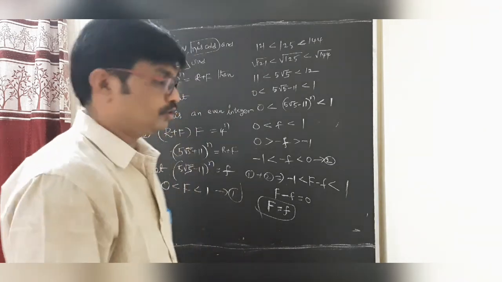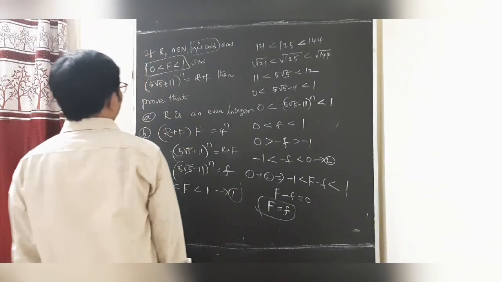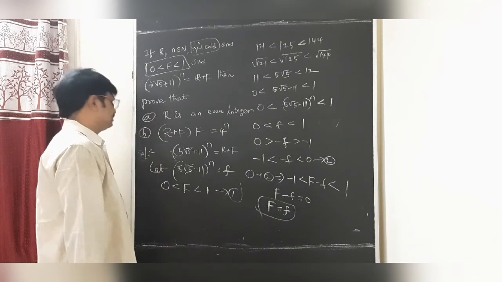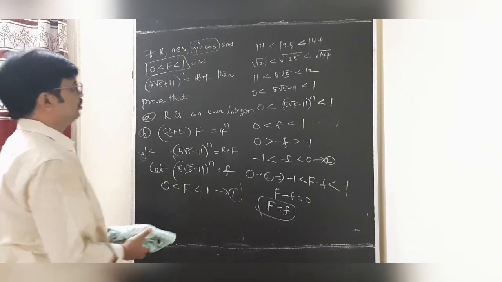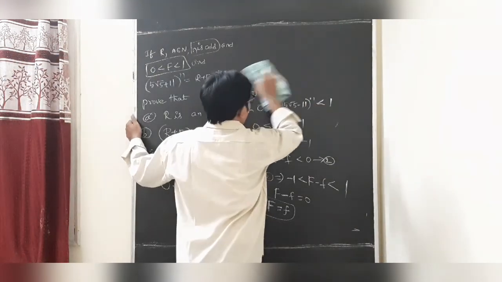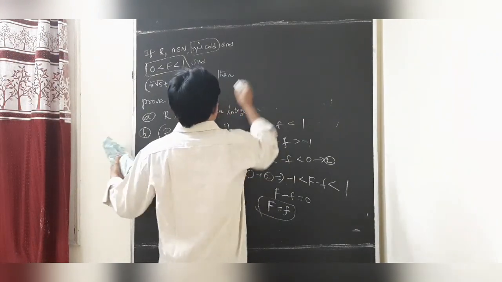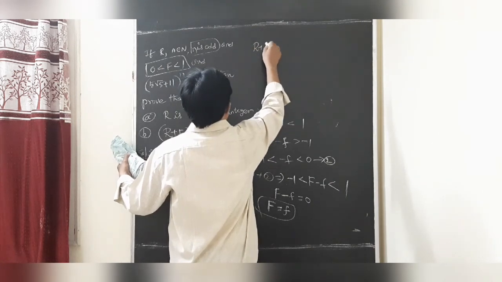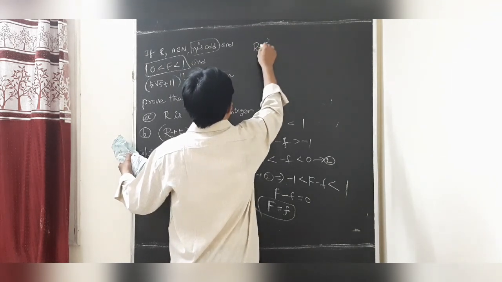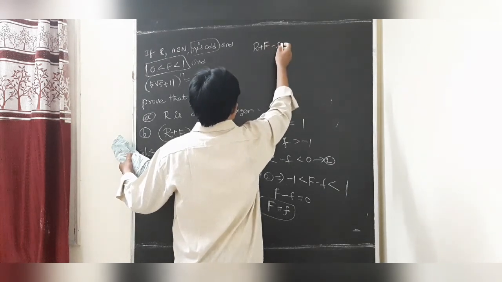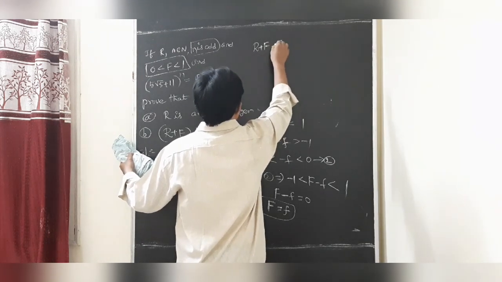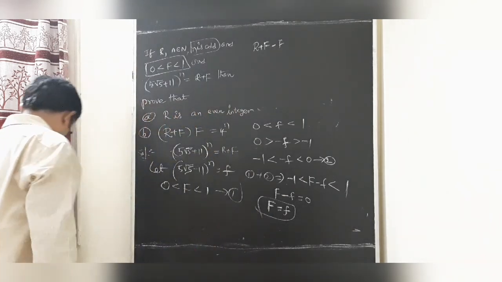Okay students? So right now we have to show that r is an even integer. So how to find this? First we are taking r plus capital F minus small f.